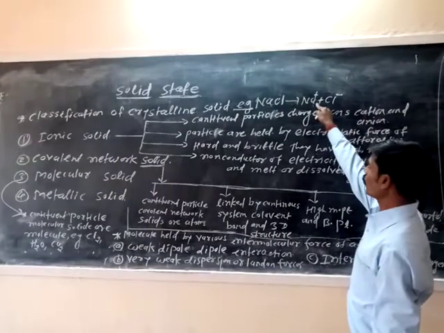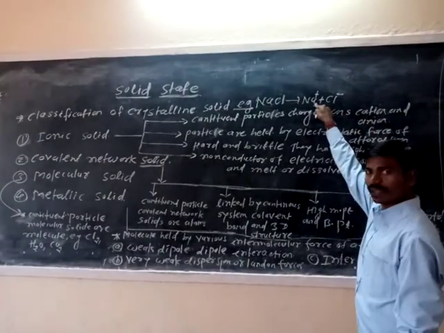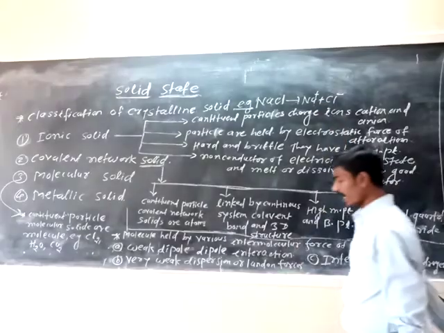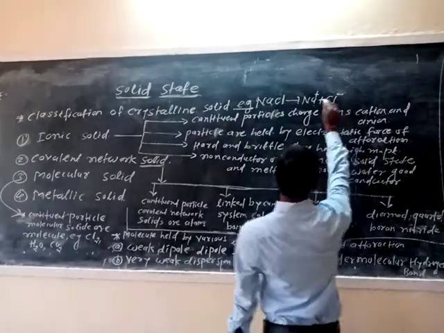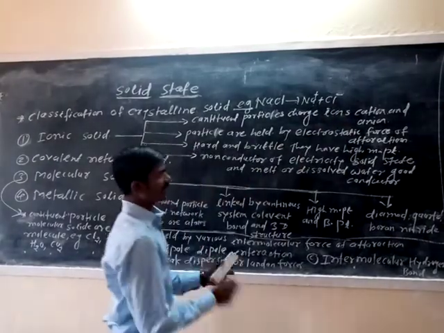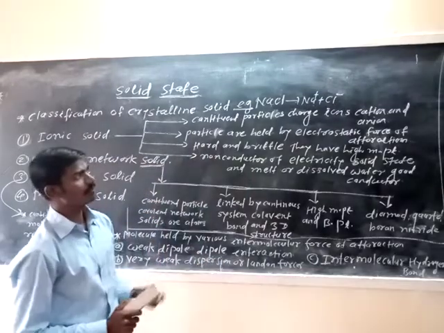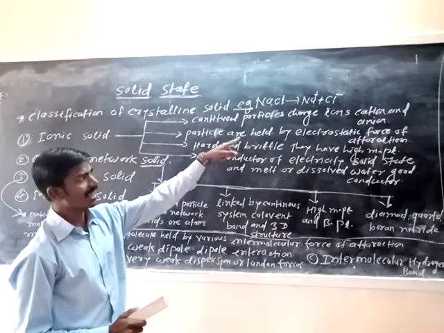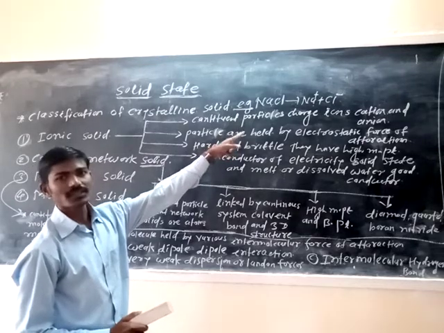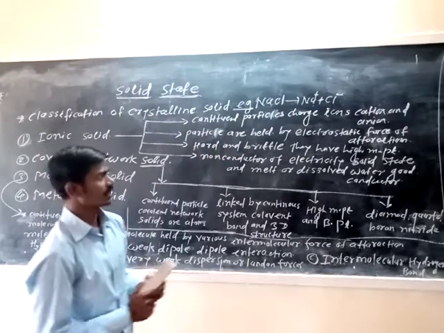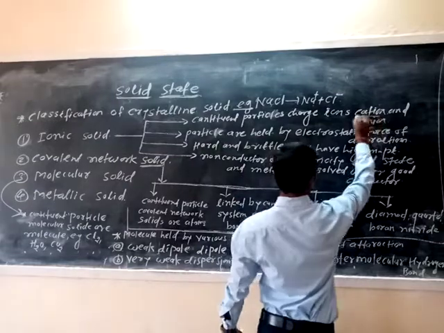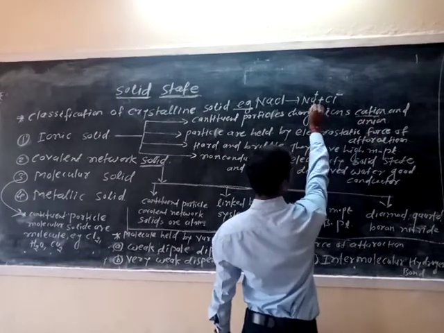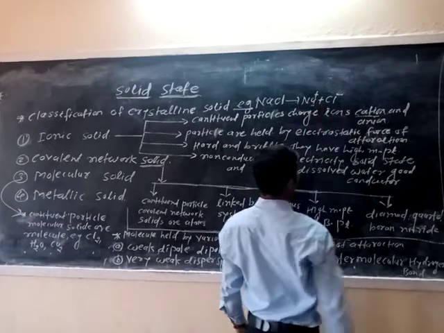Na positive is the positively charged cation and Cl negative is the negatively charged anion. The size of the ion depends on the charge: the anion is larger and the cation is smaller.